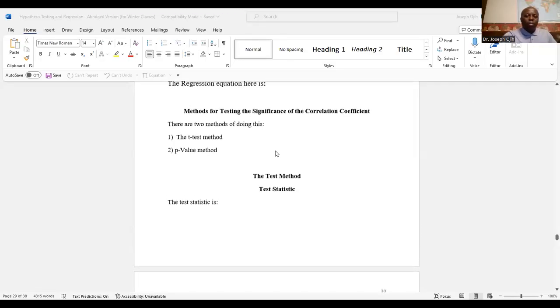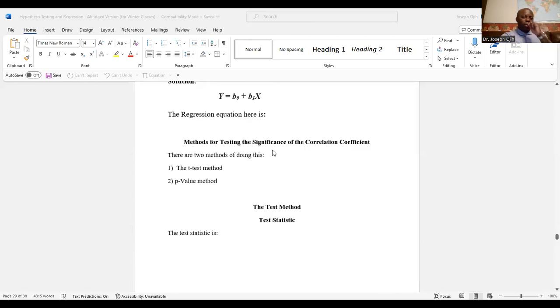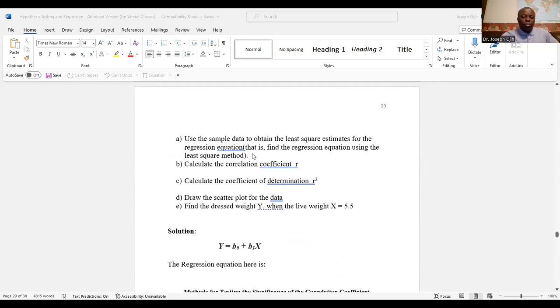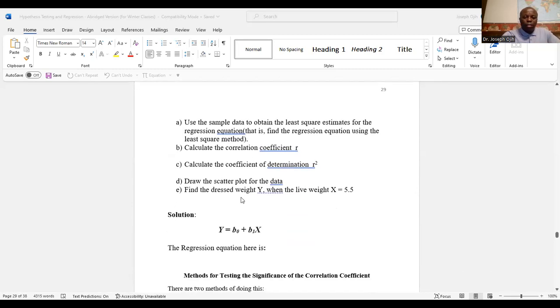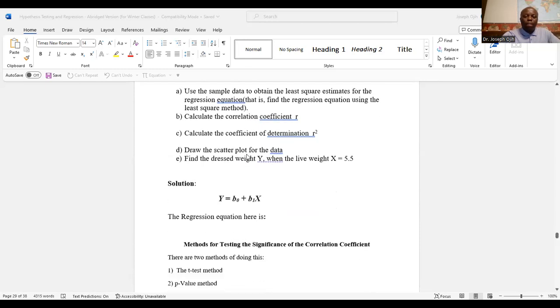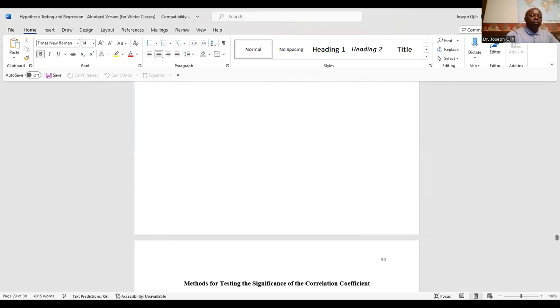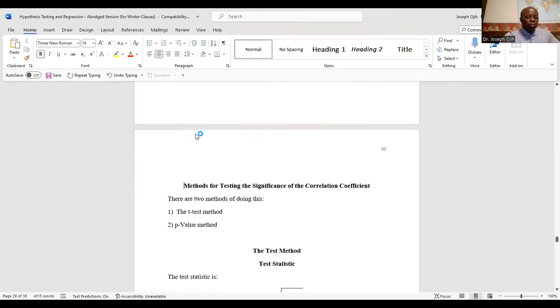Now, the one we did last week is this question, and this one does not require us to test for the significance of the correlation coefficient. The one we're doing today, we'll be testing for the significance of the correlation coefficient.